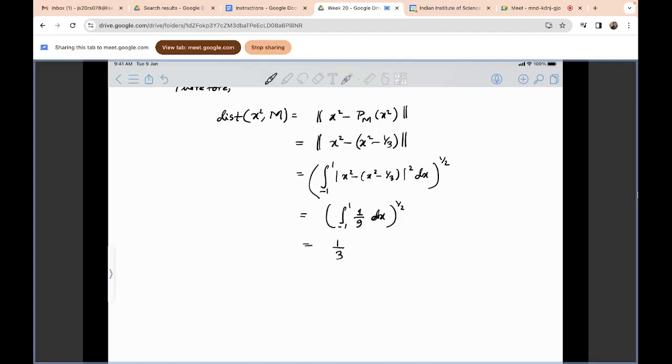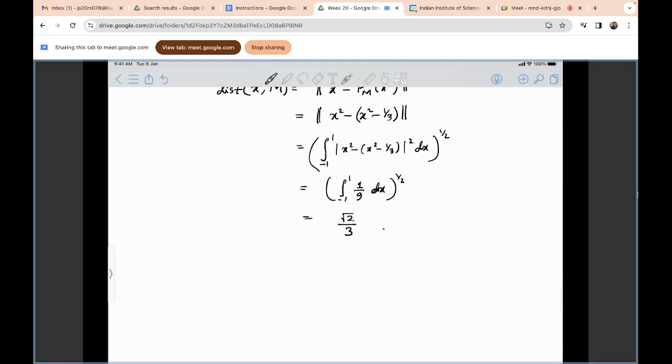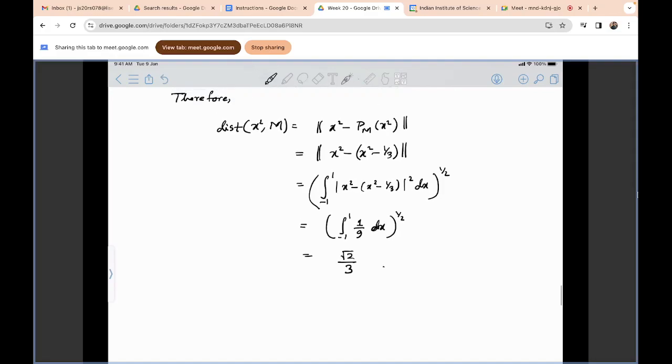So it is 1 by 3, and the integral of this is 2, so the square root of 2 by 3. So this is the distance between x square and M: square root of 2 by 3.